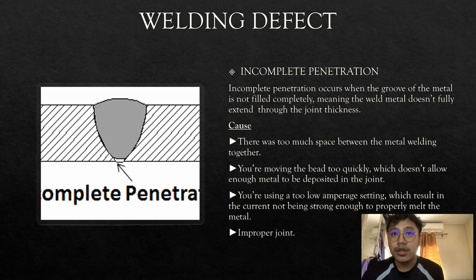You're moving the bead too quickly, which doesn't allow enough metal to deposit in the joint. You're using too low an amperage setting, which results in the current not being strong enough to properly melt the metal. Improper joint.